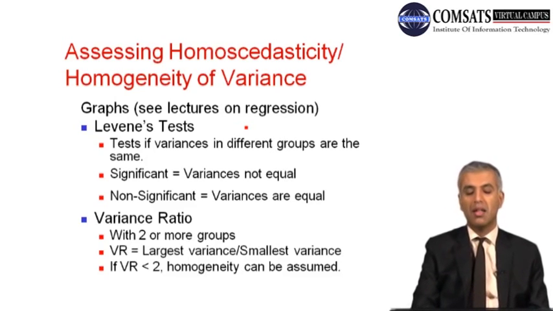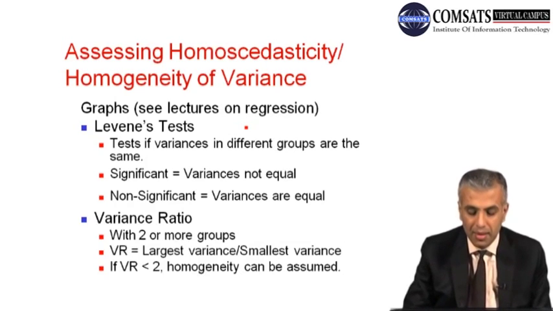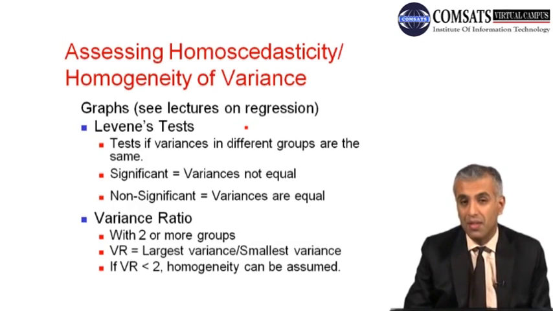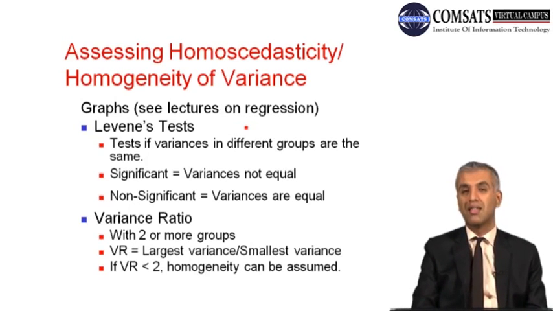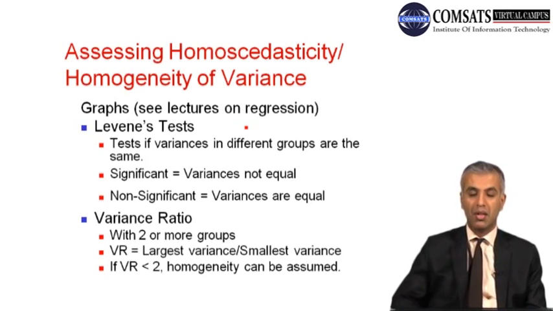Another way is to calculate the variance ratio, where we divide the largest variance by the smallest variance of the data set. If the value obtained is less than 2, then we can assume homogeneity.